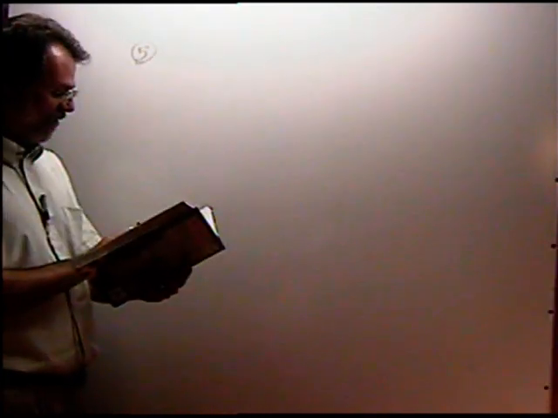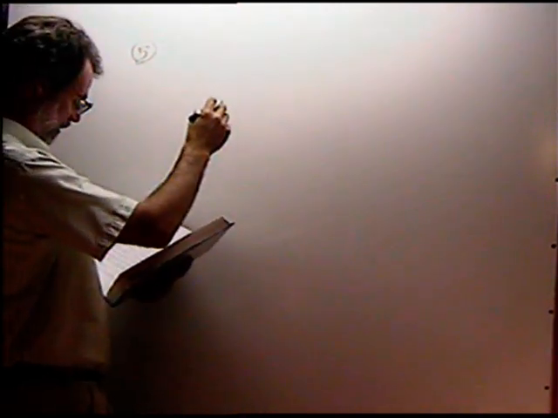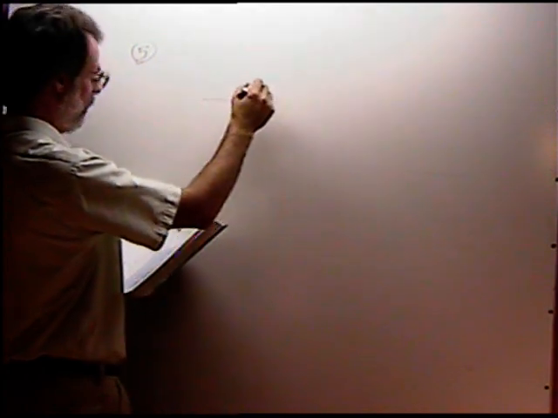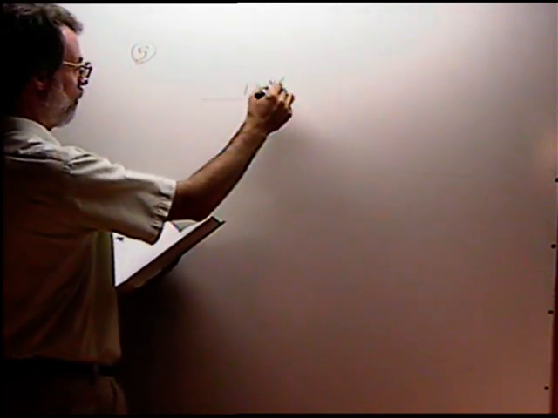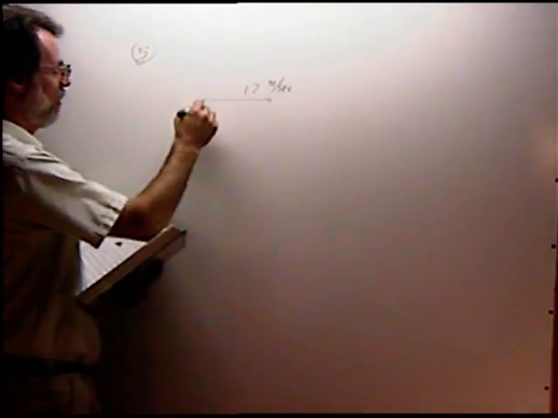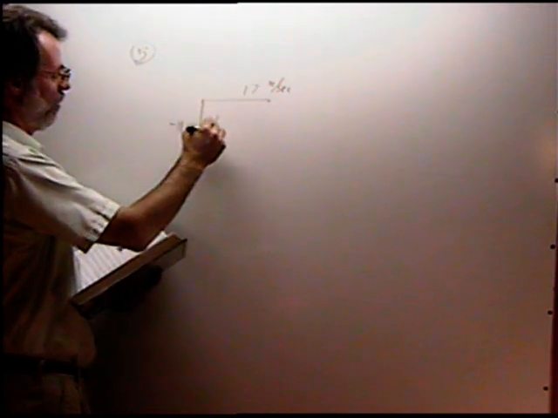Okay, question number 5. A velocity vector of a car has an x component of 17 meters per second and a y component of minus 11 meters per second.